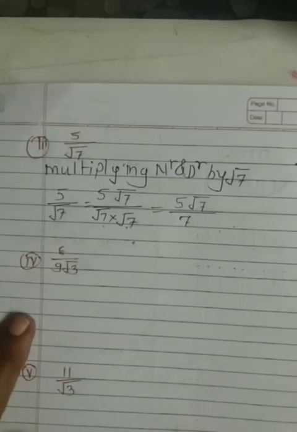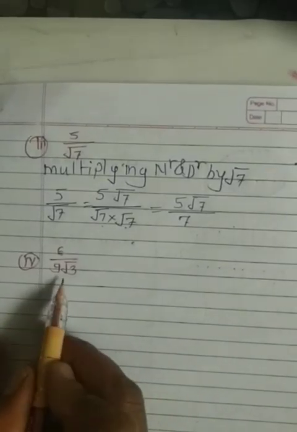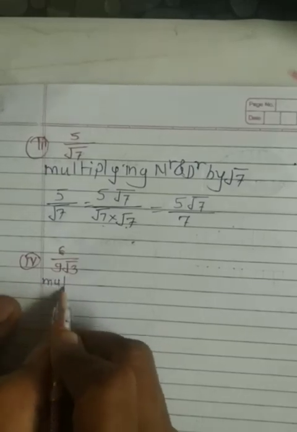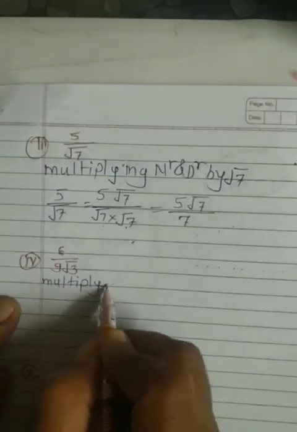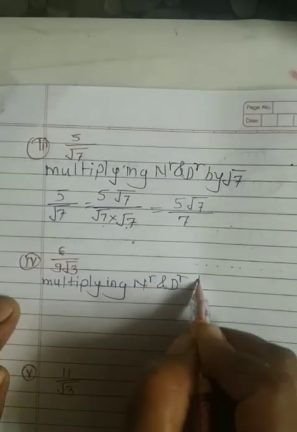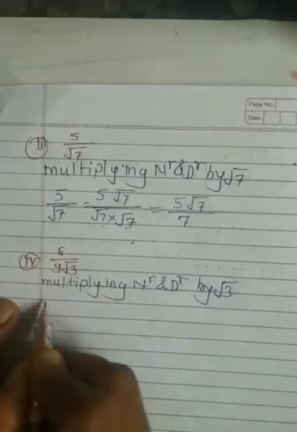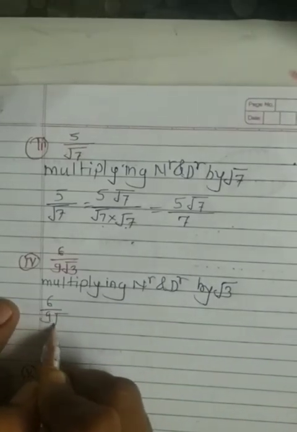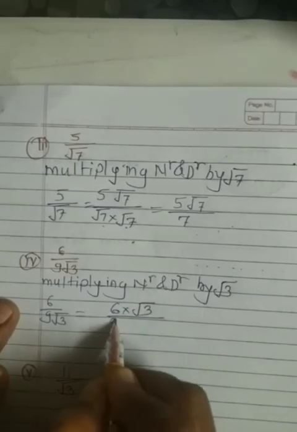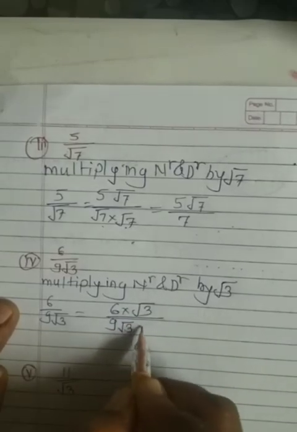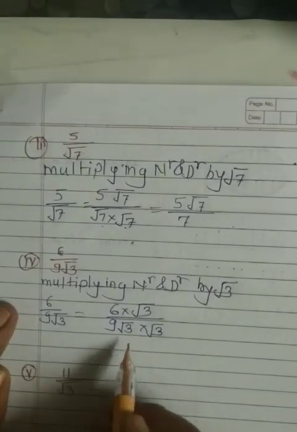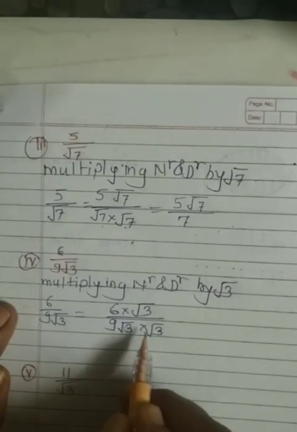Now the next one. Here the rationalizing factor is root 3, so we multiply numerator and denominator by root 3. We obtain 6 upon 9 root 3 is equal to 6 into root 3 over 9 root 3 into root 3.